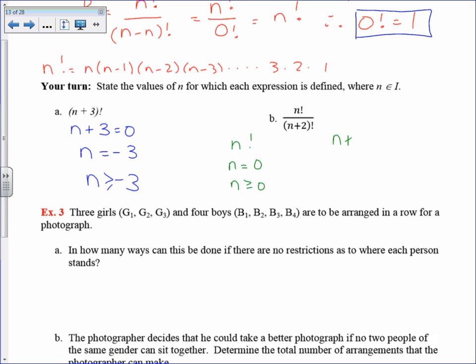For n plus 2 factorial, n plus 2 equals 0, so n equals -2, so n has to be greater than or equal to -2 in order for the bottom one to be defined. So you pick the higher one, because -2 would make the top one not defined, so that would be the restrictions on this particular expression.